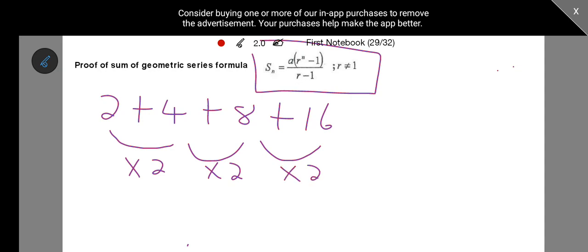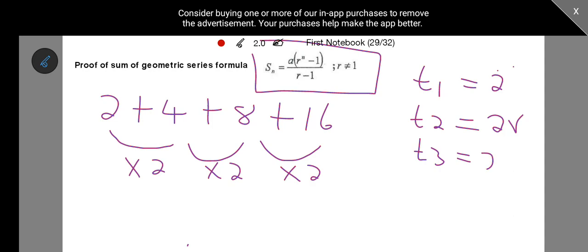This means that T1 is equal to 2 in this case. T2 is equal to 2 multiplied by r, which is 2. T3 is equal to 2 multiplied by r multiplied by r. Can you get it? To get 8, we said 2 multiplied by 2 multiplied by 2, and we got 8.